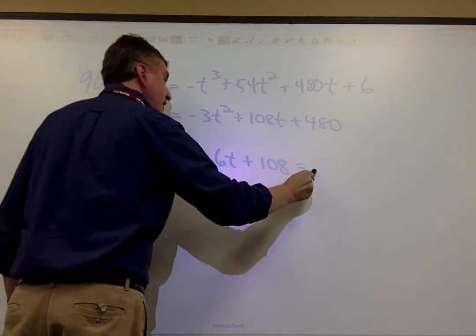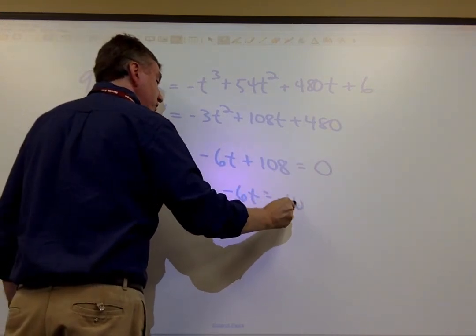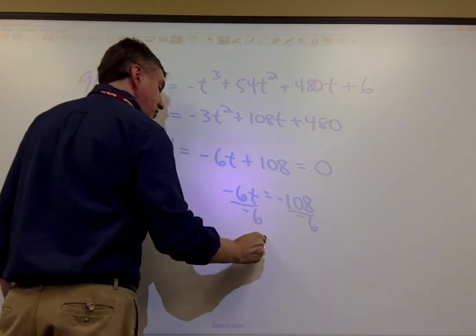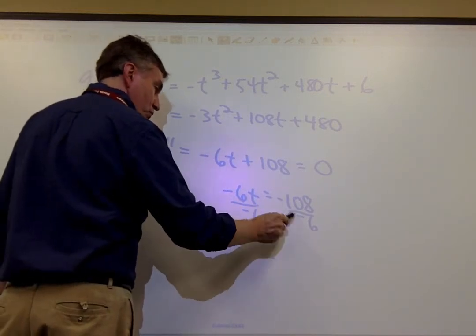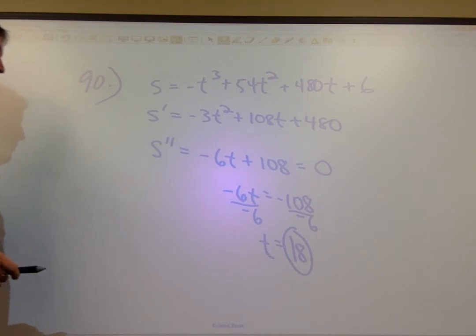Well, I'll set that to 0. Negative 6t equals negative 1 over 18. Is that what you do? All right, so at 18 seconds, there's an inflection point.